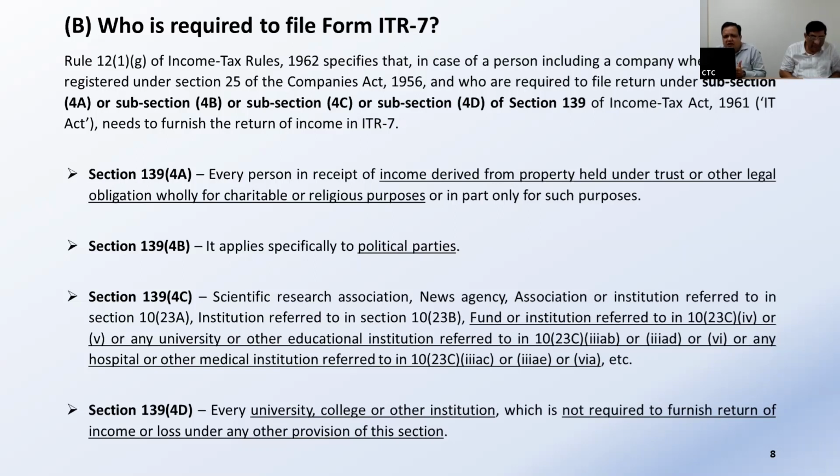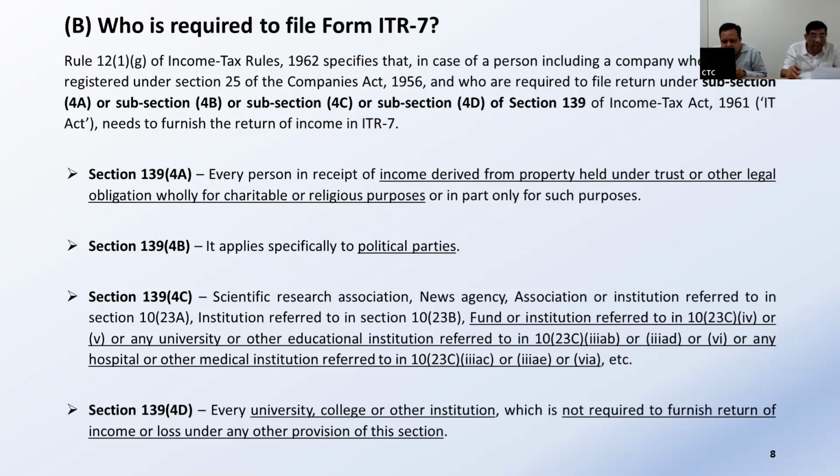Talking about Section 139(4)(a), every person in receipt of income derived from property held under trust, trust organizations approved under Section 12A. 139(4)(b) is for political parties. 139(4)(c), scientific research association, news agencies, and many institutions under Section 10(23C).